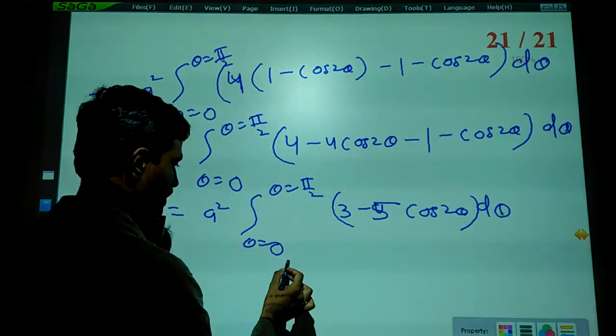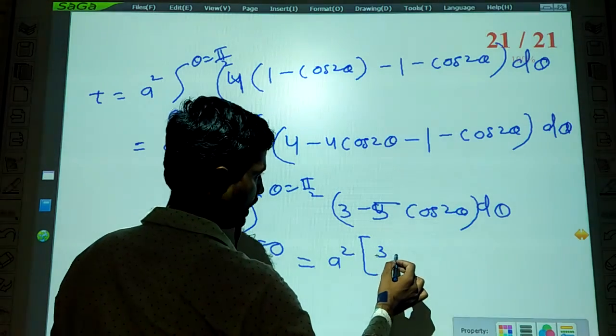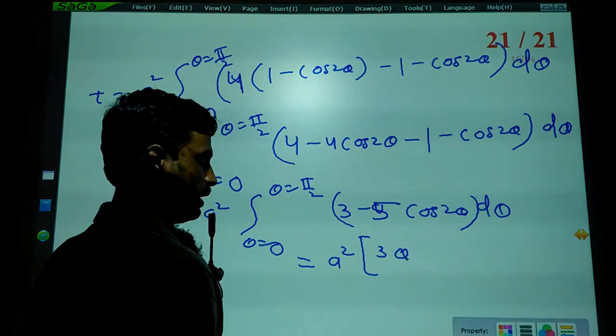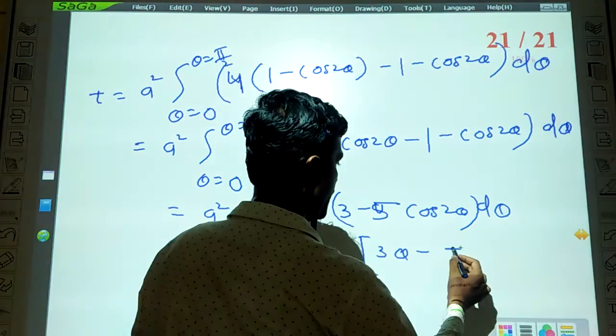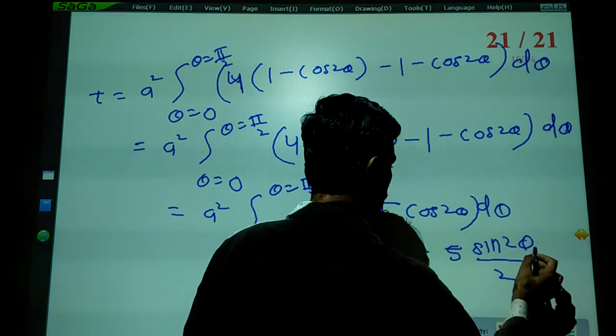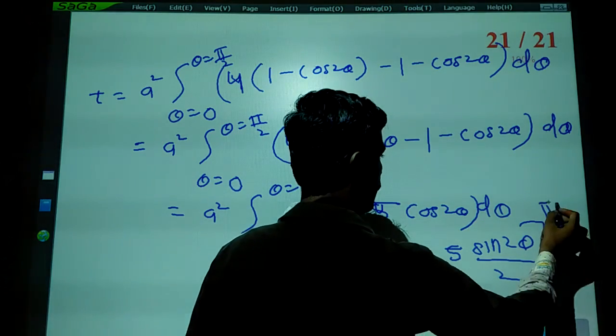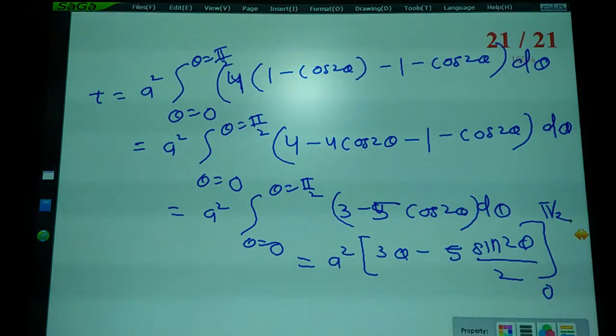So its integration is a very easy part. This a square as it is, integration of 3 d theta is 3 theta, and 5 sin 2 theta by 2. Just put upper limit pi by 2 and lower limit 0. After giving the upper and lower limits, you will get the last answer.